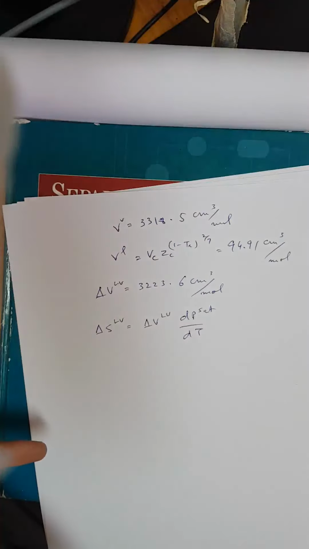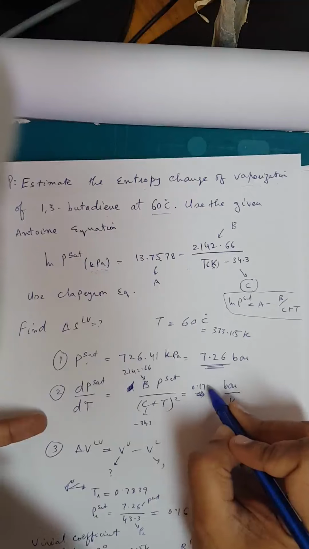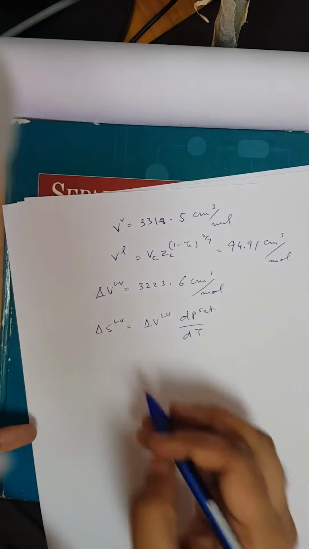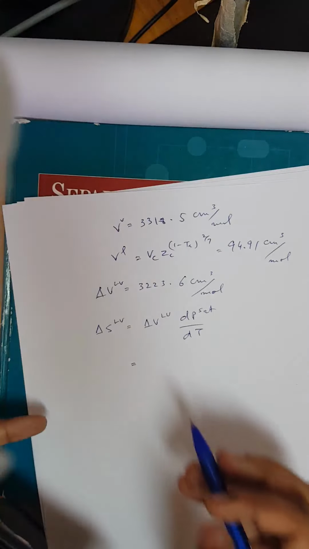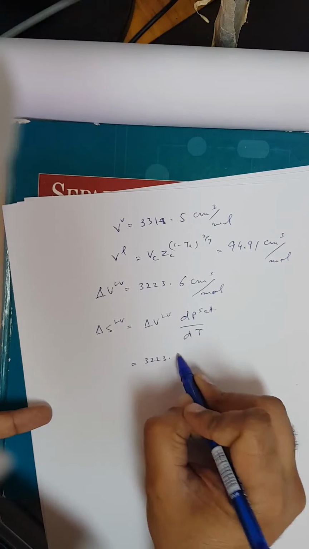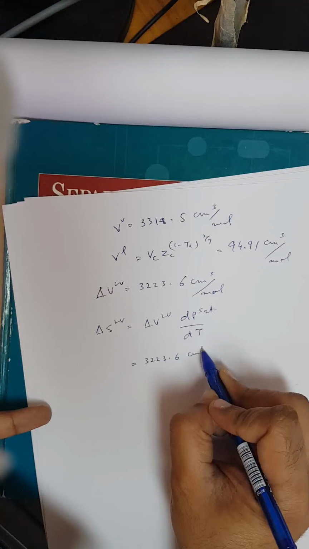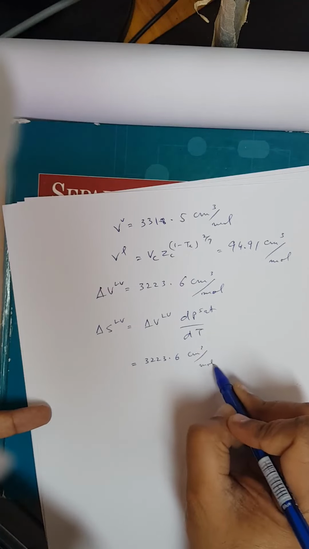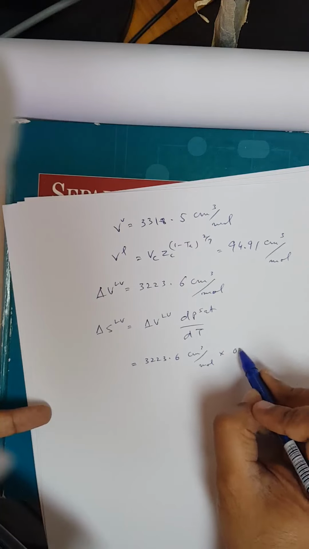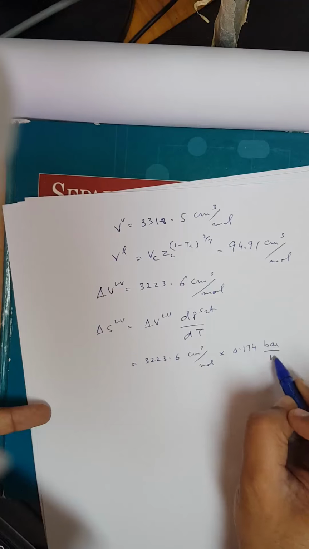So dP sat over dT comes out to be 0.174 bar over Kelvin. So you already got 3223.6 cubic centimeter per mole, multiply by 0.174 bar over Kelvin.